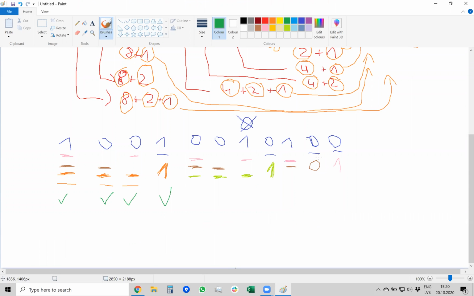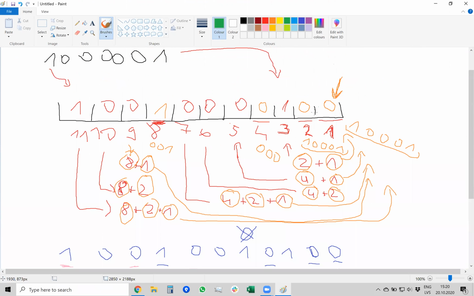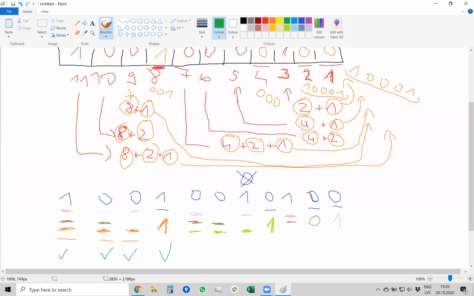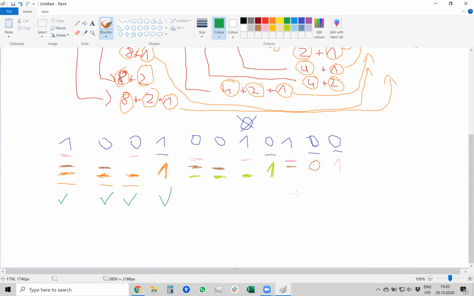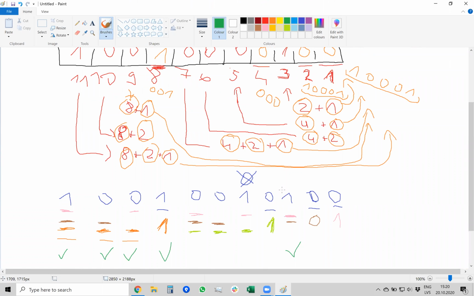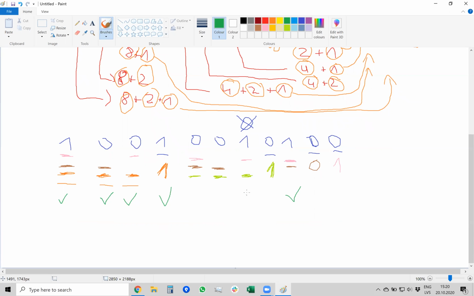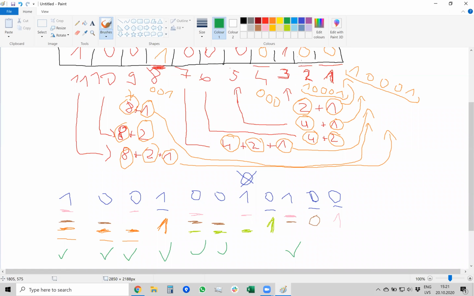So we also know that since parity bit number 2 is used for locations number 3, 6, and 7, then bits 6 and 7 also are correct, because parity bit number 2 is the same. So we know that the mistake is not in those locations on which we calculated this parity bit.